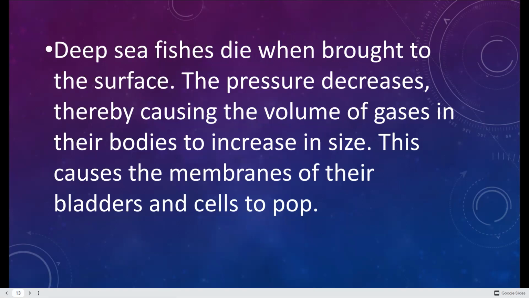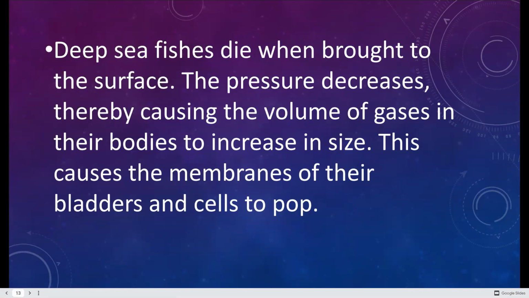Deep sea fishes die when they are brought to the surface. Why? The pressure decreases, thereby causing the volume of gas in their bodies to increase in size. This causes the membranes of their bladders and cells to pop out or pop, because this species of fish is used to high pressure.